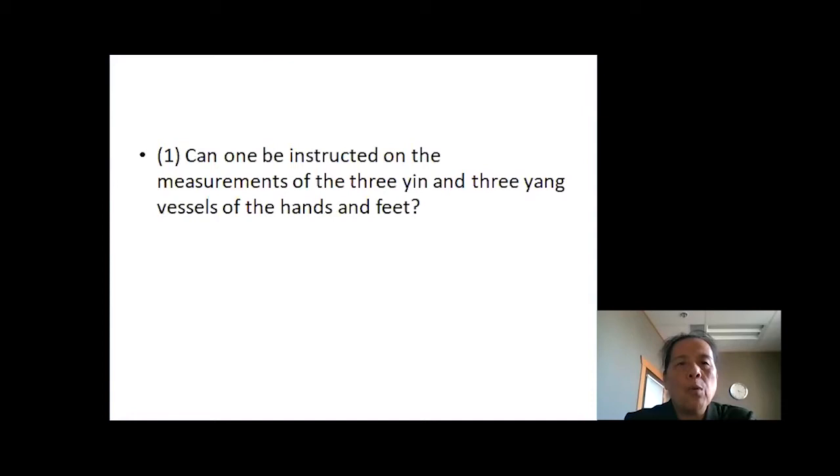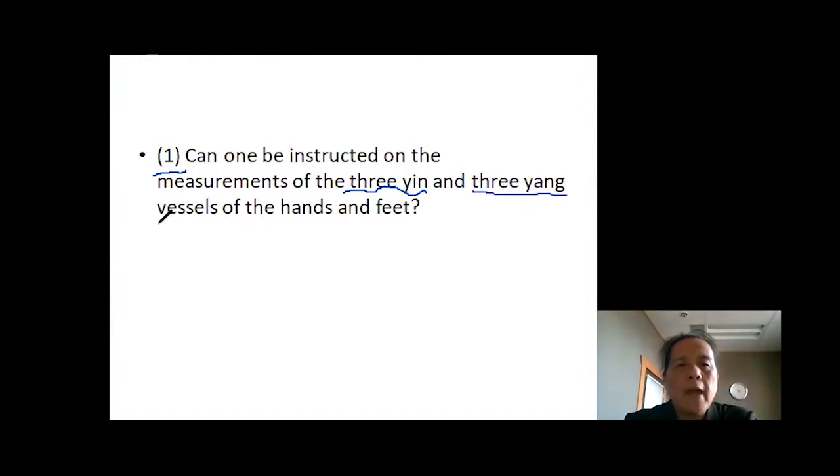Still ask questions. So we're talking about 3 yin channels or meridians and 3 yang channels or meridians.